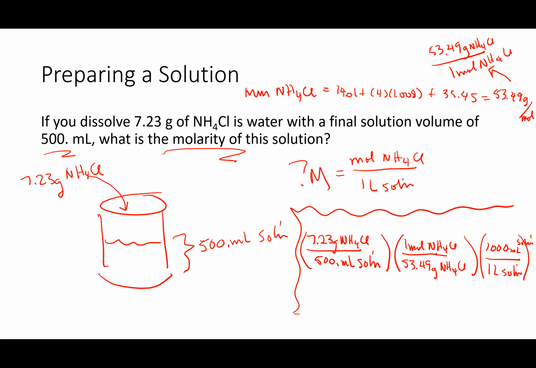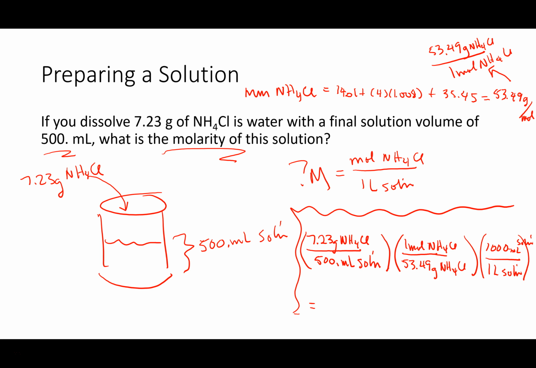So how many sig figs do I want around this table? 3. All right, I got 7.23. Gotcha. 500. It's like an accountant.